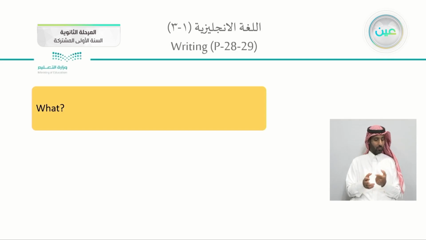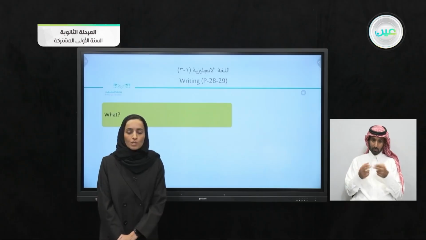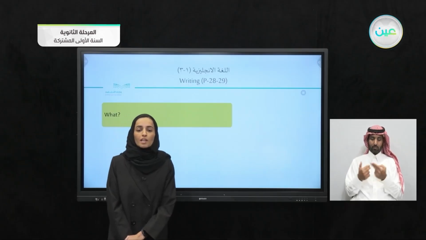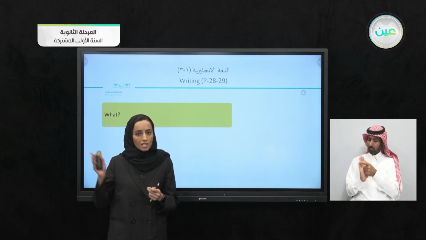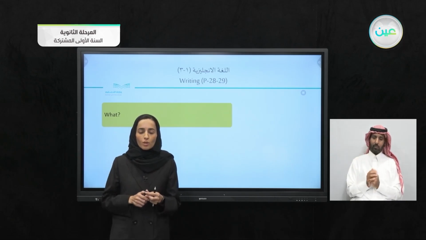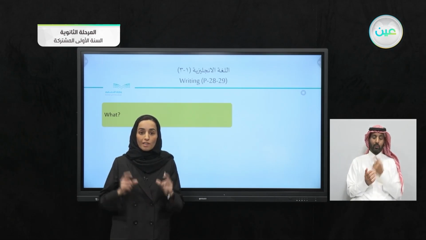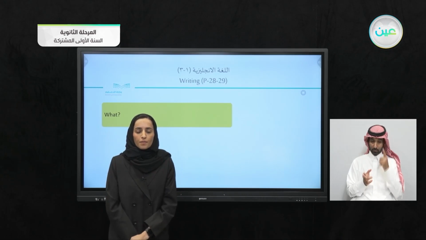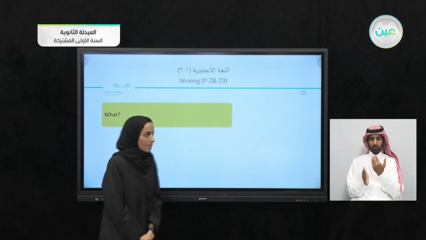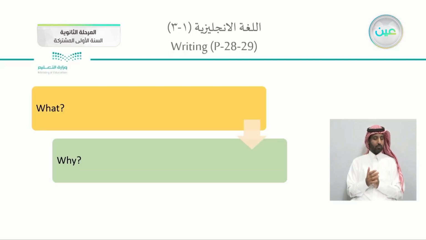How am I going to organize my writing? I will start with the what. It's always recommended to start with a definition, introducing the idea, just as we have read about the remote control. The first thing is the what. You're introducing your idea. Then the other one is going to be the why.